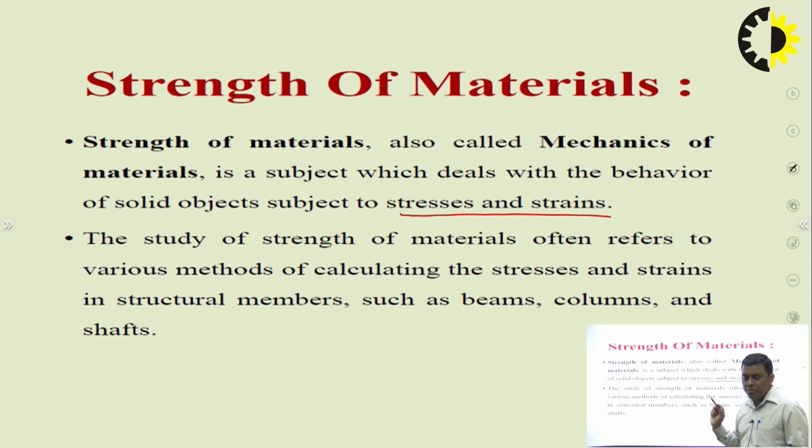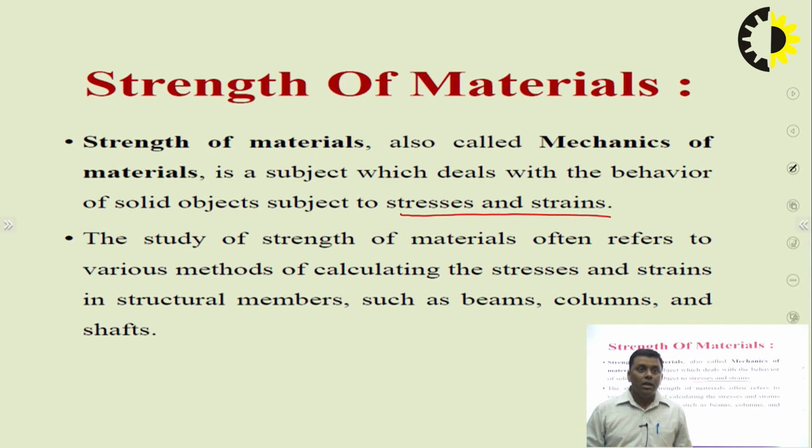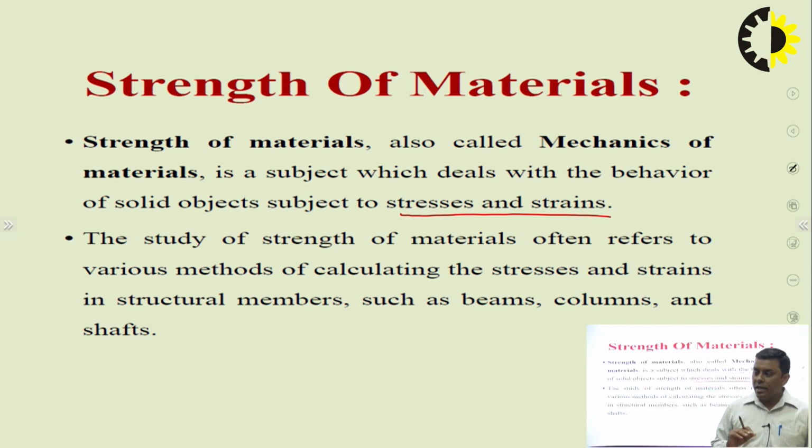How these two terms are related, whether it is normal loading, shear loading or twisting, how the stresses are developed and how they are related with the strains is known as strength of material.